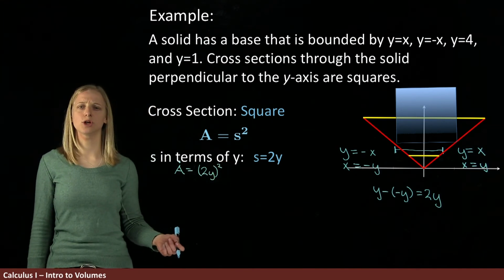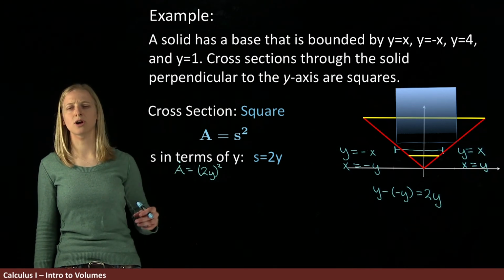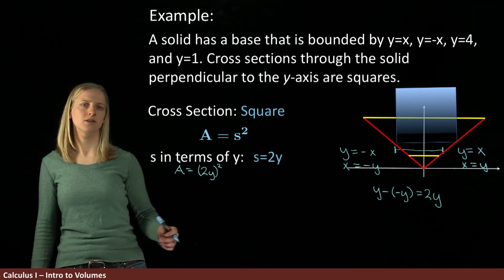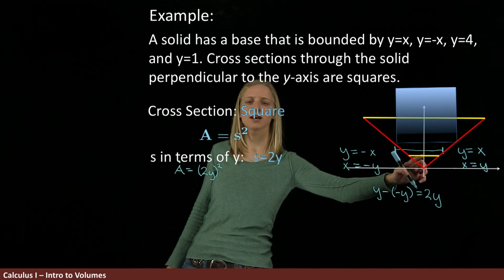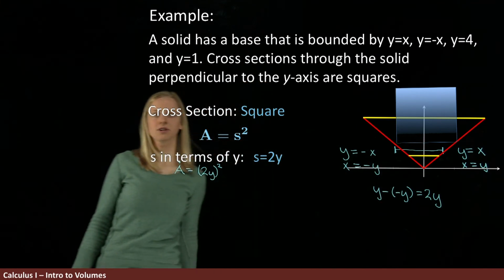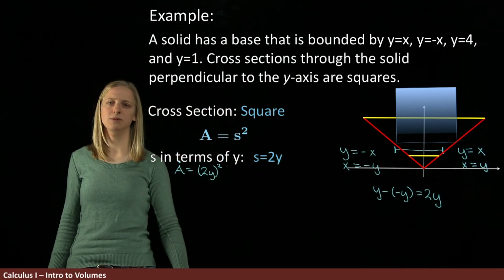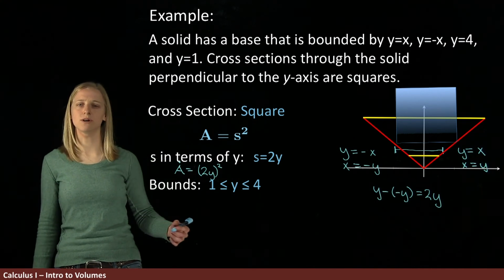The next thing to determine is the bounds. So what bounds are we interested in for y? Coming back over here, we know the bottom is at y equals 1, and then the top is y equals 4. So we have the bounds to be 1 to 4 for y. And I'm now ready to solve for the volume.